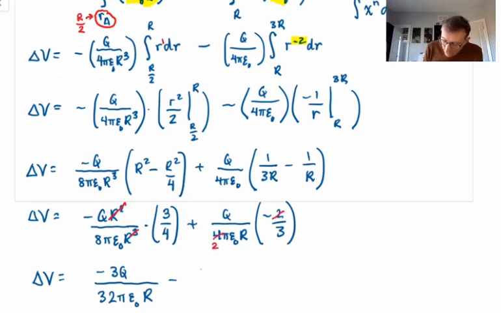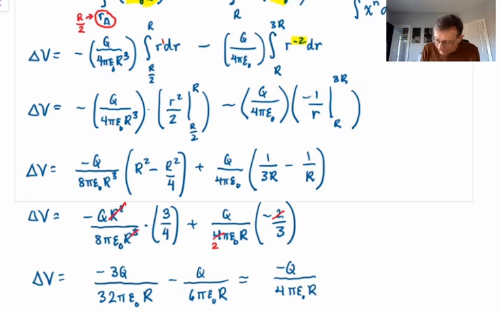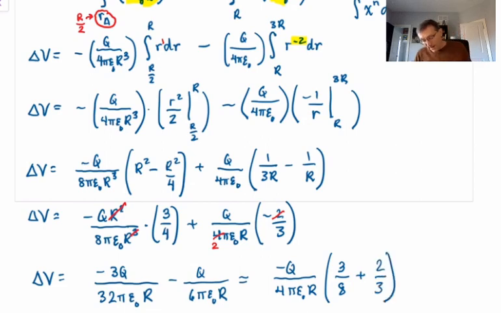So minus q over 6 pi epsilon 0 R. And you can factor a negative q over, well, you can actually factor a 4 pi epsilon 0 R. And then you'll have 3 over 8 plus 2 over 3.